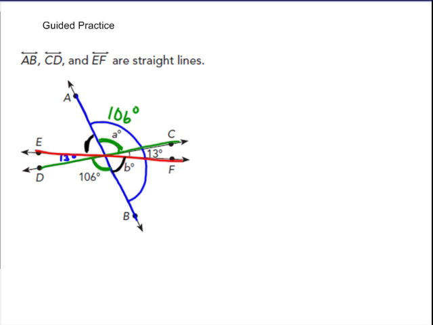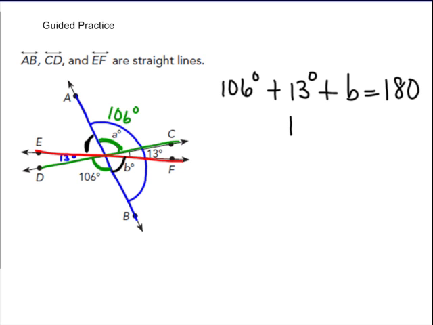So A was 106. This little slice here, which is 13, and B have to make that blue arc that I have there. So 106 plus the little slice of 13, plus B has to equal 180 degrees. They're making that blue arc, that half, because they're making up line AB.